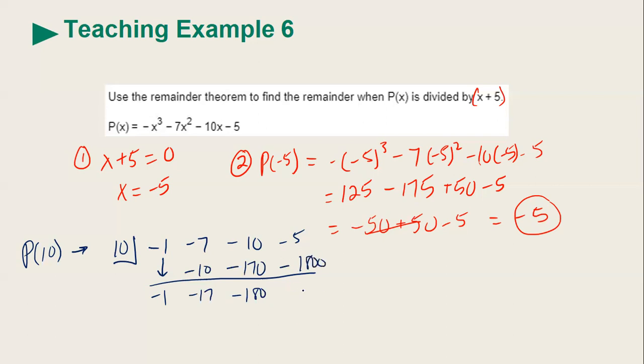And then therefore my final result would be, there you go. So that would be what p of 10 is.